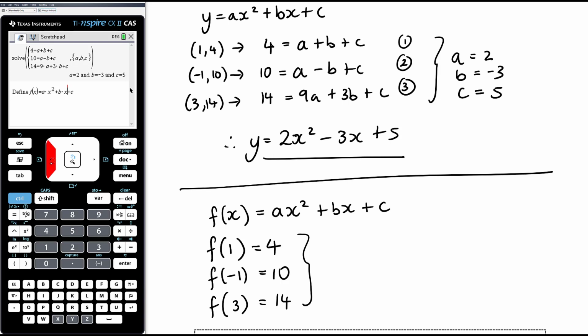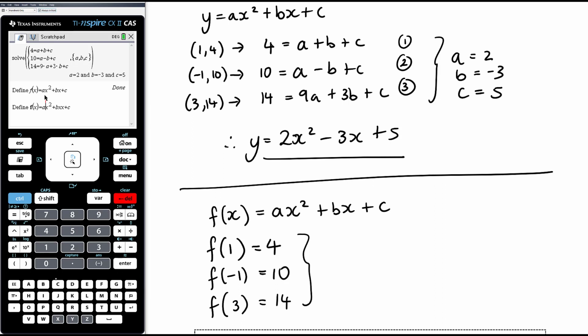If I didn't type those multiplication symbols, if I just typed ax squared plus bx plus c, my CAS will think ax is a single variable that's being squared, and then we're adding on bx, a single variable, and then we're adding on c. So what you actually want is a times x squared, b times x, and you must be explicit about that if your CAS is to understand what you mean.